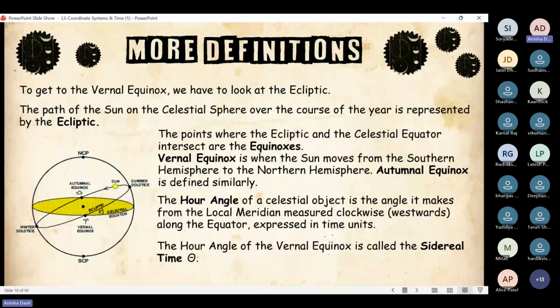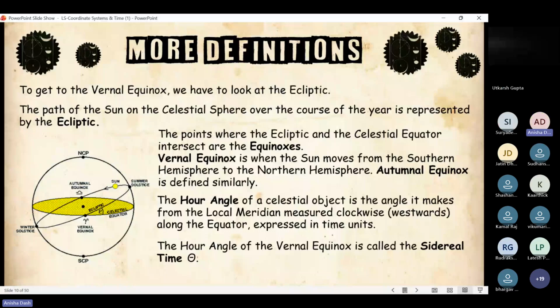Now, the vernal equinox is the point where the sun goes from the southern hemisphere to the northern hemisphere. The vernal equinox typically occurs around March 21st, and that's why the symbol is also a ram. The vernal equinox is basically a point that lies on the celestial equator and the ecliptic as well.